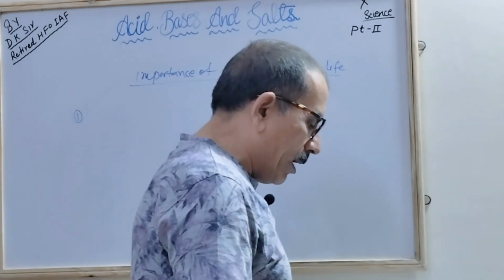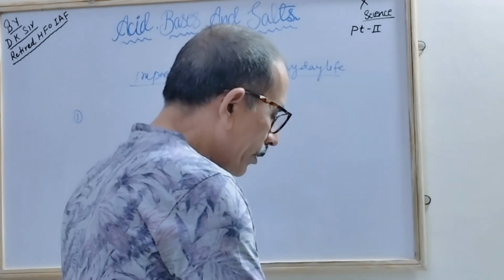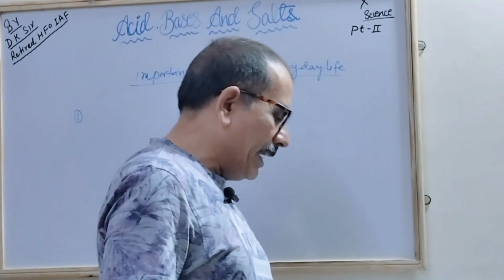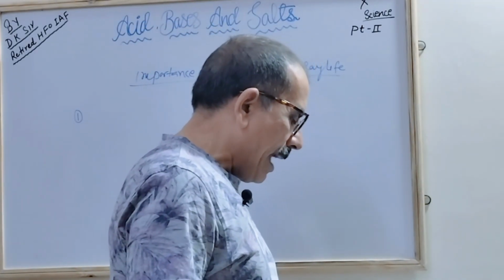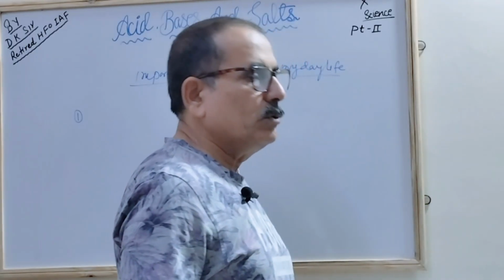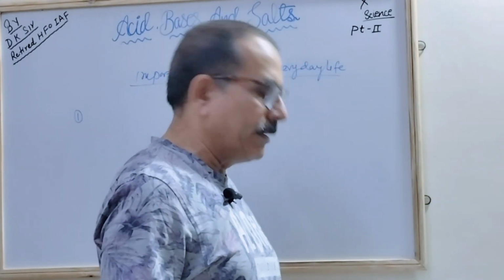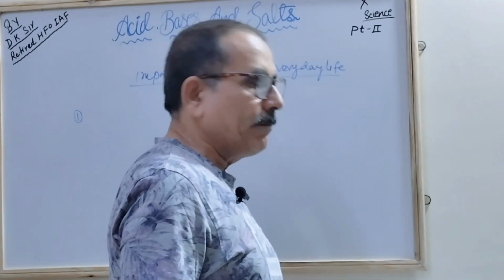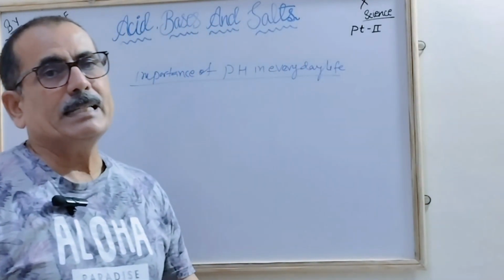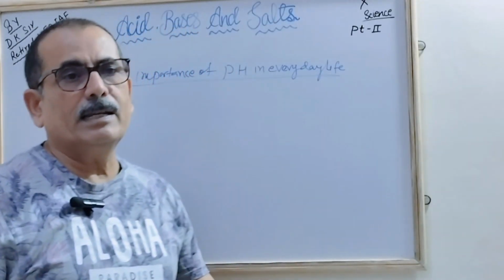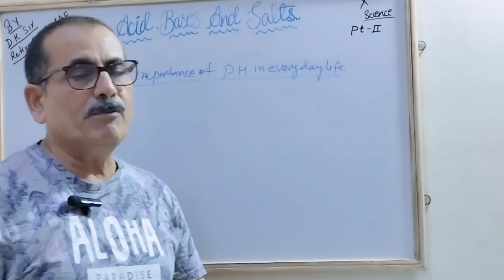In the decay, what happens? The tooth enamel is there. The tooth enamel is made of calcium phosphate and is the hardest substance in the body. It is a very strong substance. If the pH level of the mouth decreases, you know there is saliva and many things coming for the digestion.